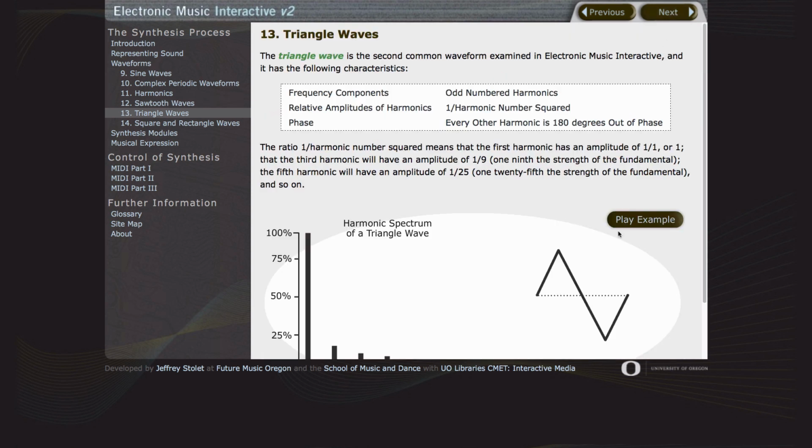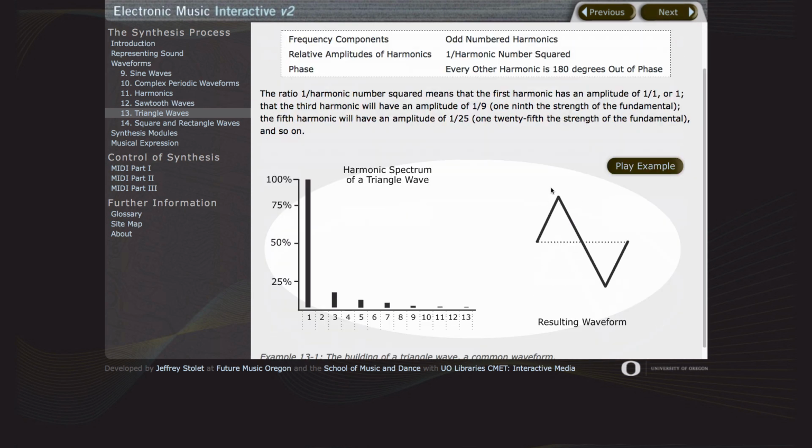The next one is a triangle wave. It's called a triangle wave, just like the sawtooth wave is called the sawtooth wave because of its shape. So let's see how that gets constructed. Now these only have odd harmonics, so they don't have any even harmonics, right? And the odd harmonics are 1 over n squared, right?